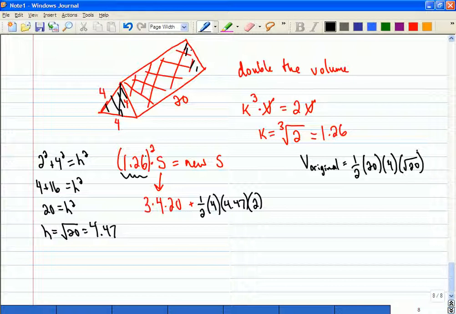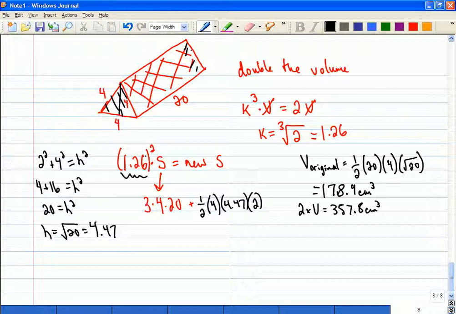So if I find the volume of the original, I get 178.9. So then if I doubled it, I'd get 357.8.